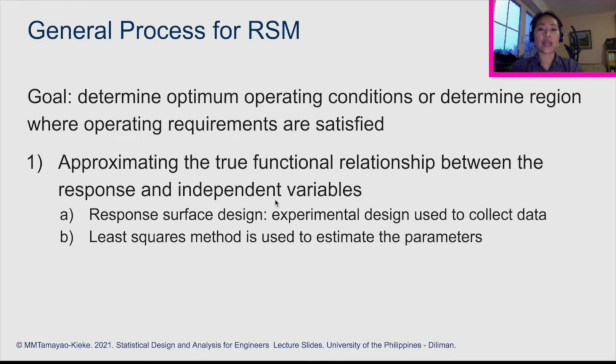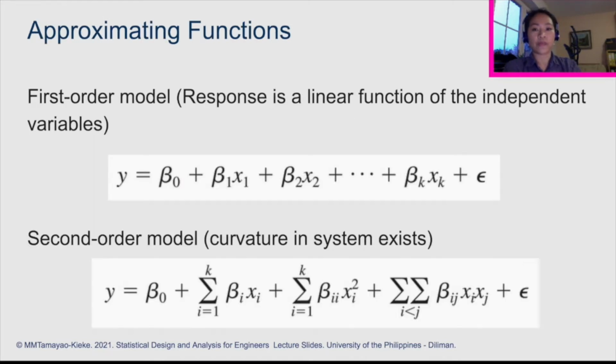Now this experimental design is called the response surface design, and in what we're going to discuss, and in most cases this is what is being used, we're going to use the least squares method to estimate the parameters for the approximating functional relationship.